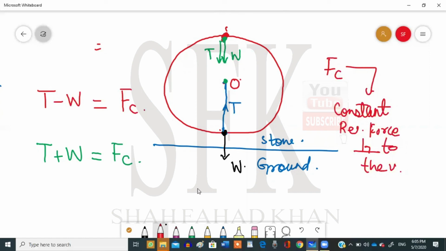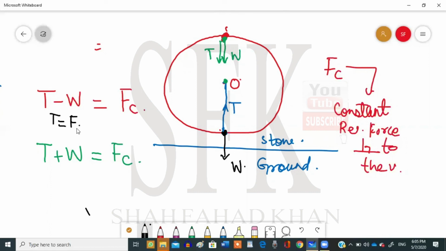Now guys, tell me something. Out of the two formulas over here, in which of the two formulas will the magnitude of this tension be greater, in the red formula or the green formula? Any suggestion? The magnitude of tension. Well, to calculate the magnitude of tension, you just need to rearrange this formula to make T the subject.